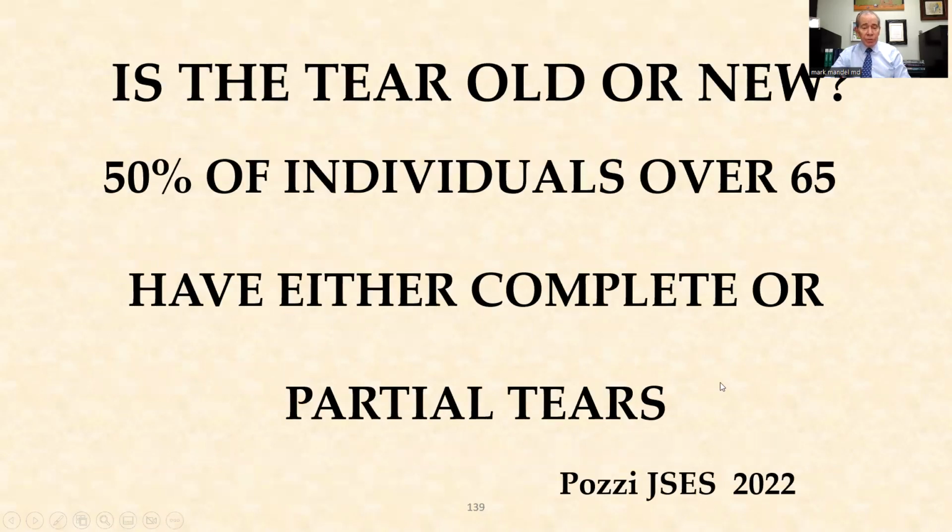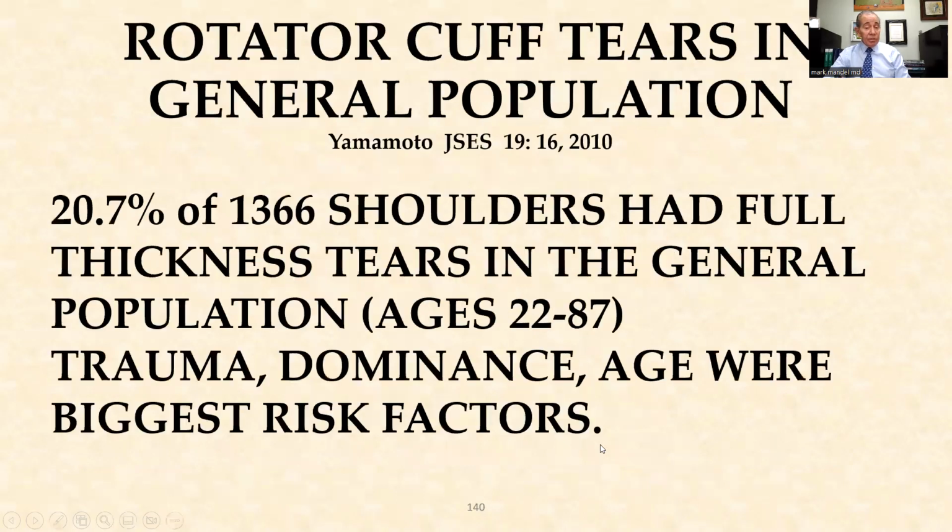Posey, Journal of Shoulder Elbow Surgery, said, is this problem old or new? Because in his study, 50% of patients over 65 have either complete or partial rotator cuff tears. And Dr. Yamamoto, in a study of 1,366 shoulders in the general population, a great age group, showed that 20% of those patients had full thickness tears.